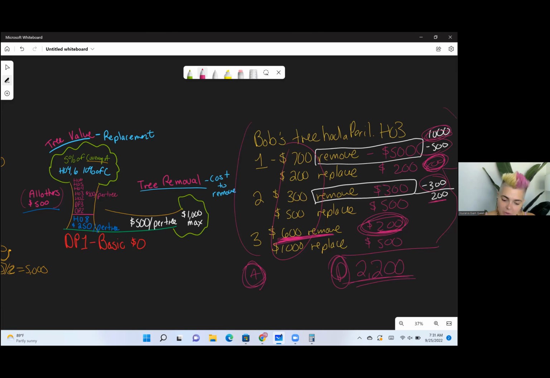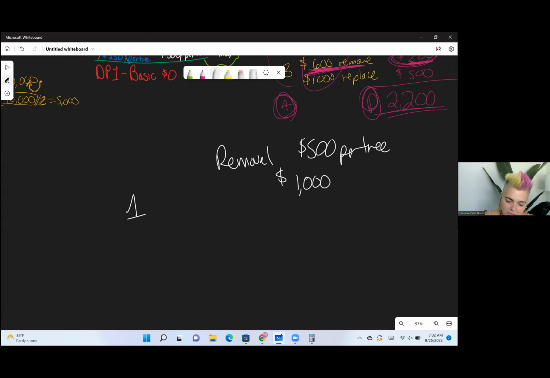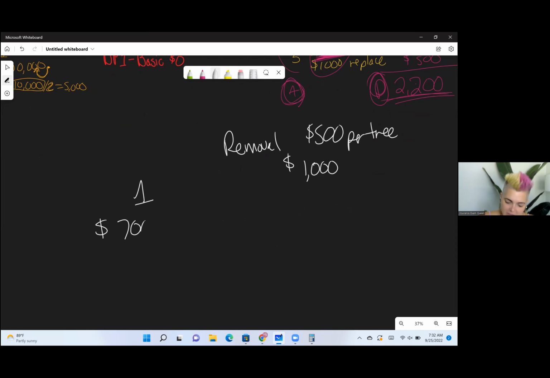And another thing that's important is I just highly stressed that for removal, we said you get 500 per tree, but $1,000 max. They might give you a problem. Well, they'll say tree 1, to remove tree 1, it was $700.